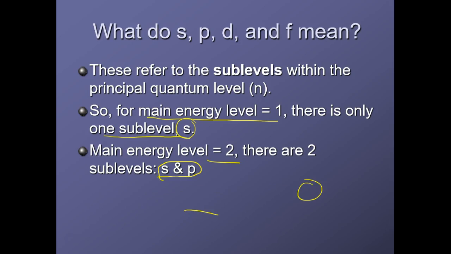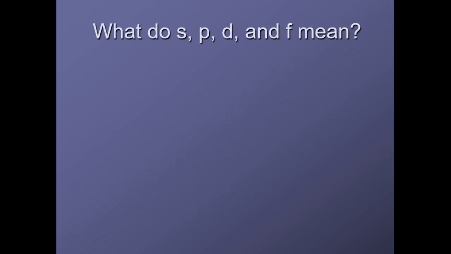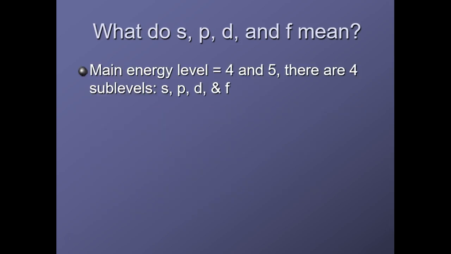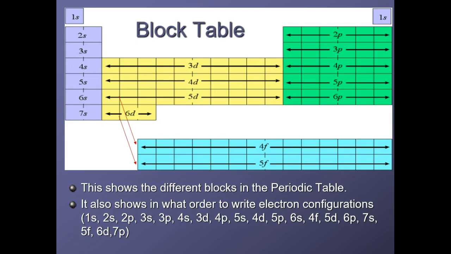If you need to stop the video, stop it here, copy down what I underline, like that section right there, and also this one here. If you're in main energy level 4 and 5, you have all 4 of your sublevels, S, P, D, and F. When you get into level 6 and 7, there are only 3 sublevels, S, P, and D. You'll see here in just a minute.